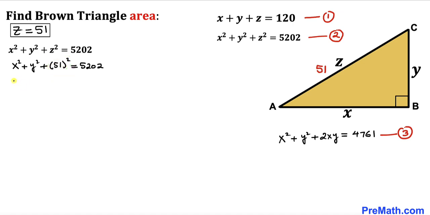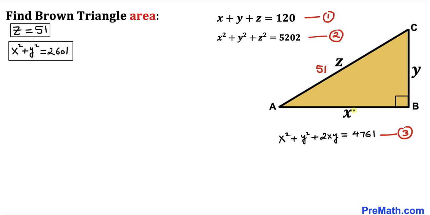So this becomes X square plus Y square plus 2601 equals 5202. Now let's subtract 2601 from both sides. This is gone. So our X square plus Y square value turns out to be 2601.